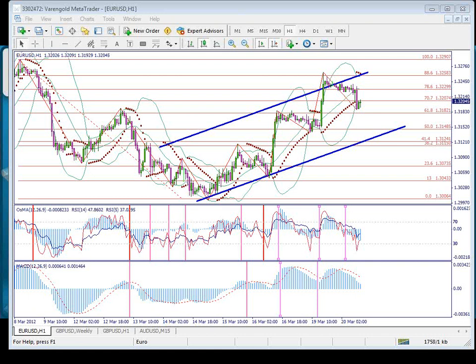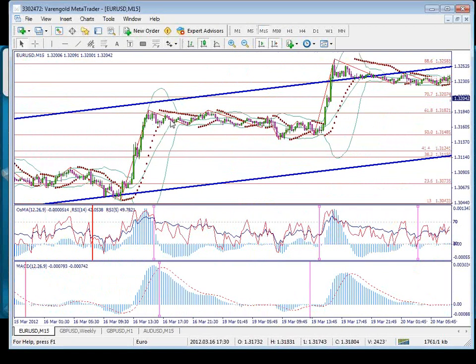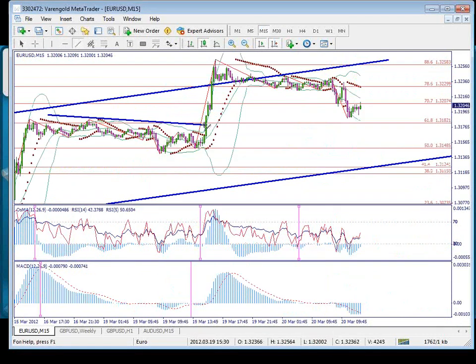A ranging market on 15 minutes or 5 minutes makes me crazy. It is something very difficult to trade, like we have in the last days on the euro.